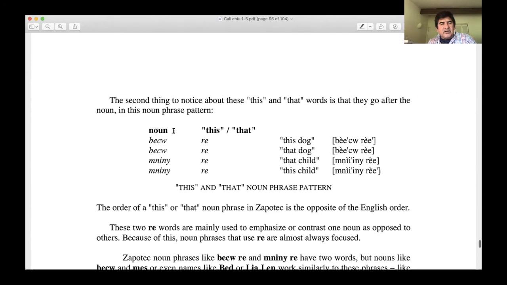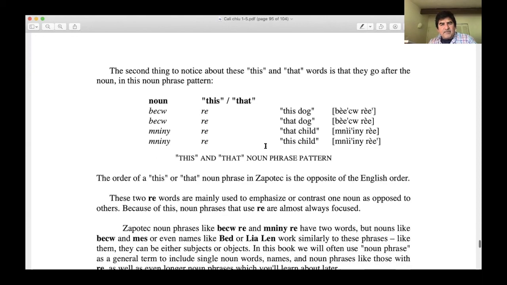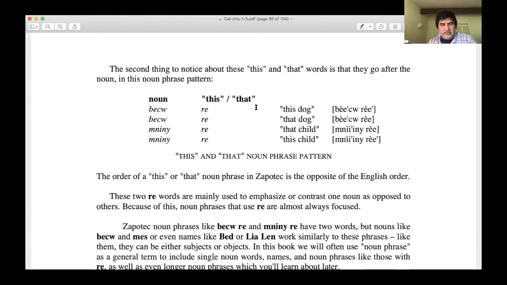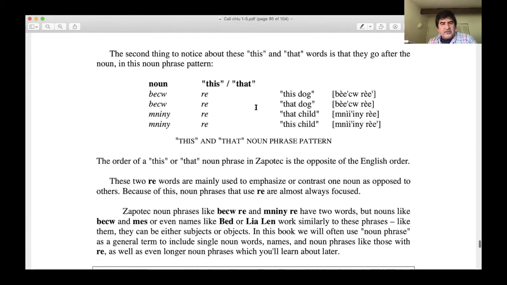So you have the noun, this or that, and then the rest of the sentence. So, bepkre, niinre. One more time. Bepkre, niinre. And then you use the verb after that.